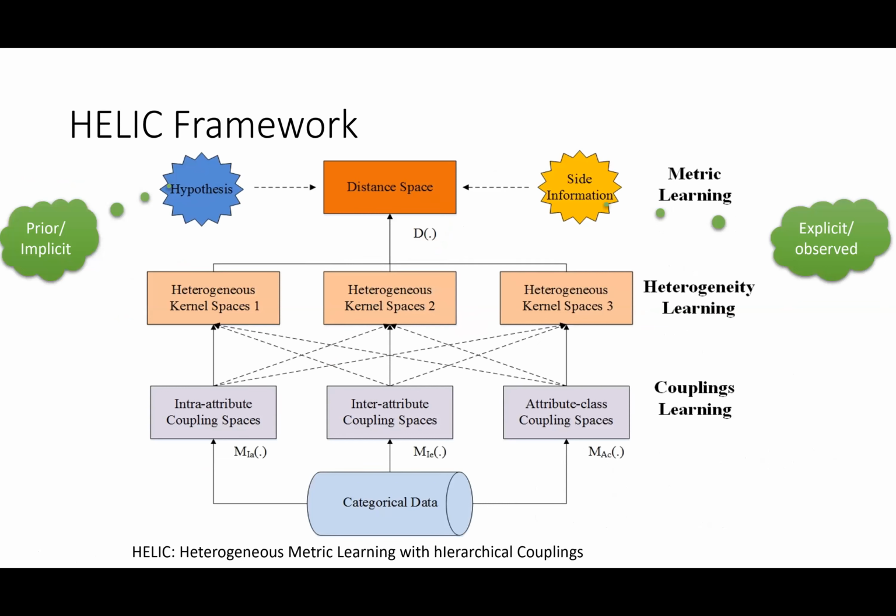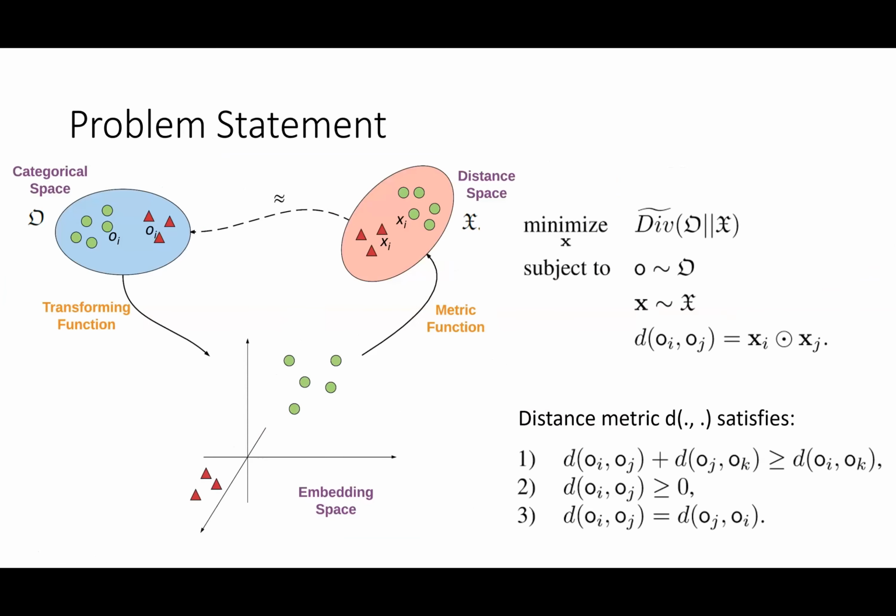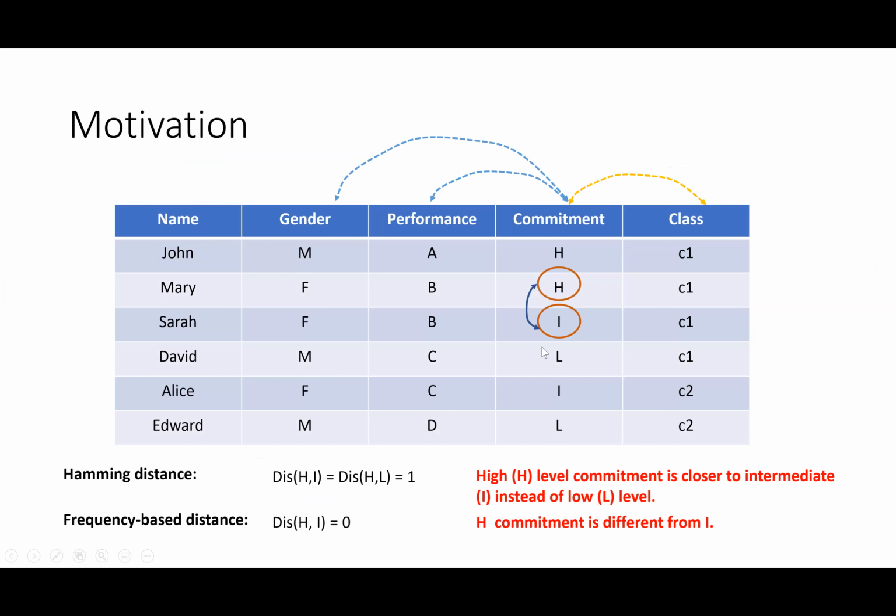And how to make it? We have the categorical data, and for each attribute we learn the inter-attribute similarity, as I mentioned earlier. Here you may have different ways to model the inter-attributes. Like in the commitment data mentioned early on, we can measure the frequency-based similarity. That's one way to measure the relationship within commitment.